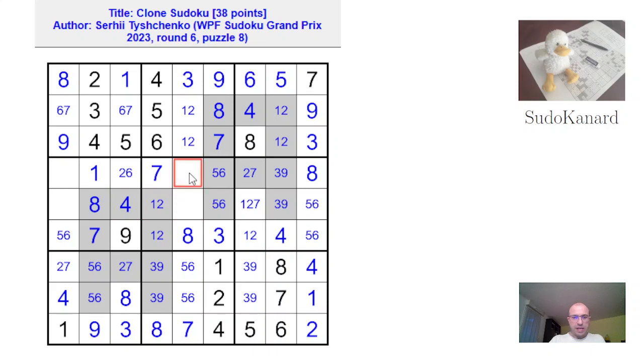4 goes there, and this is 9, which disambiguates this 3, 9 pair, and the clone 3, 9 pair here. This 7 makes this a 2, and that's a 2 as well. That's a 7, disambiguating that.